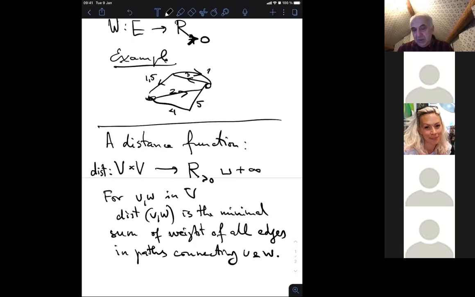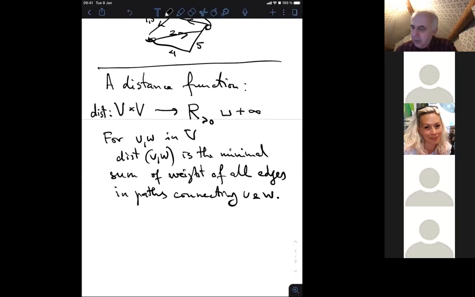And it can very well happen that the distance in some graph doesn't have to be realized on a path with minimal number of edges. If we take some simple example, say I have a small example here.